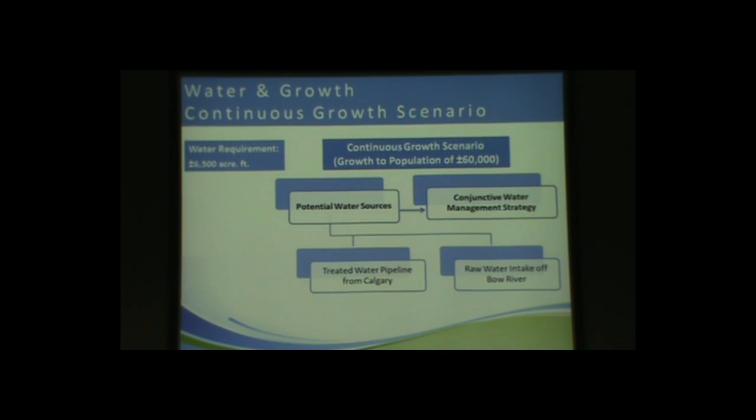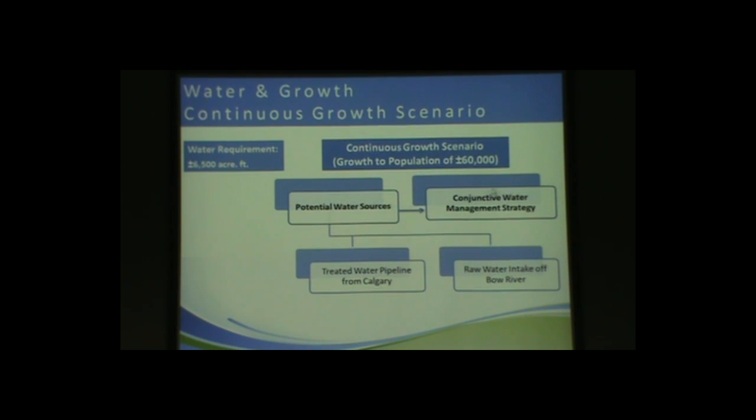So we're going to turn to a continuous growth scenario and what it means in terms of our water requirements. At the end of the day, we'll need substantially more water if we're going to grow under a continuous growth scenario.